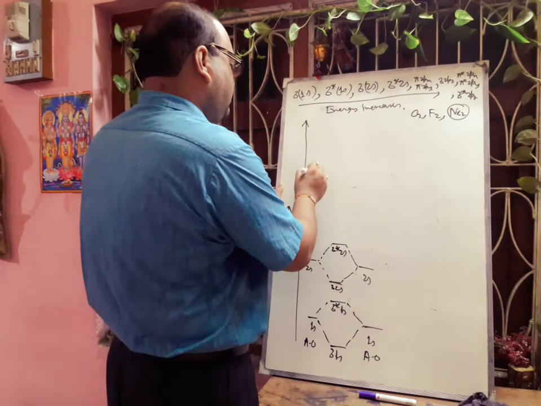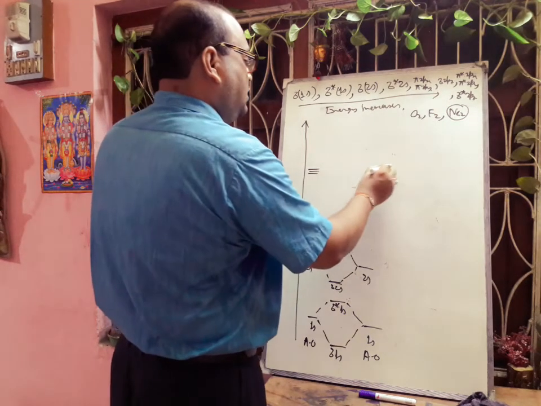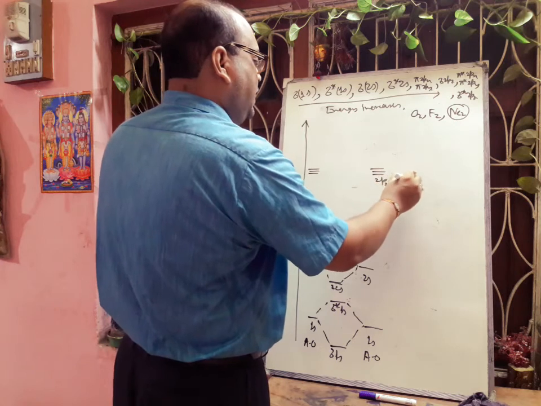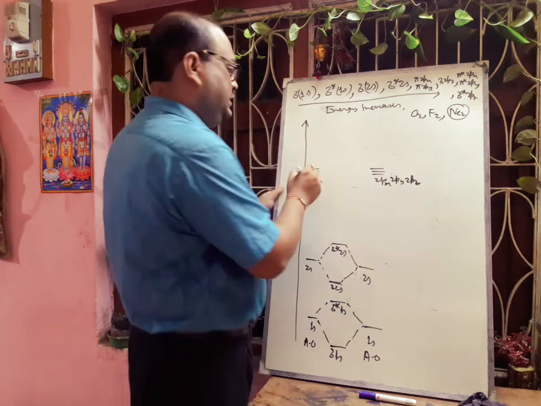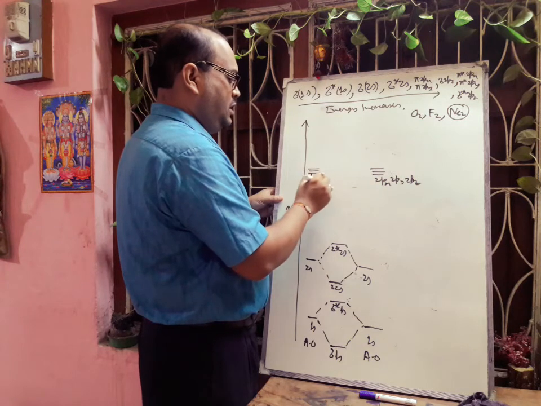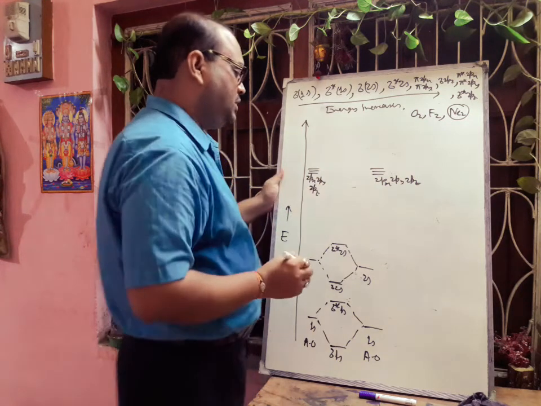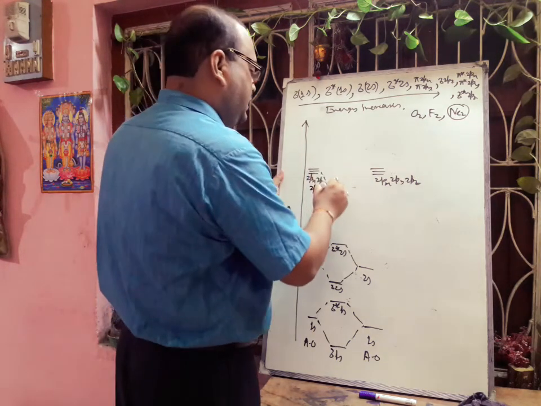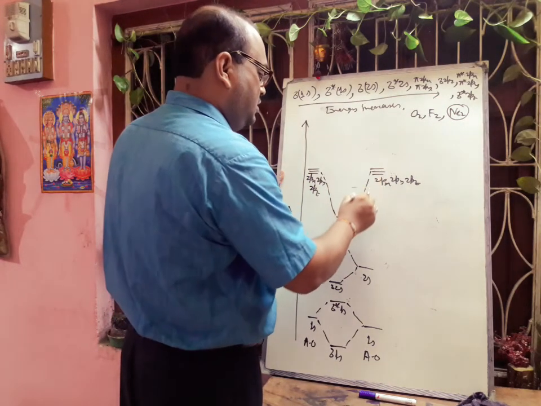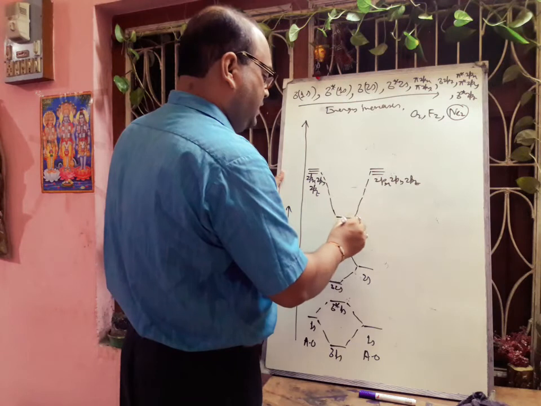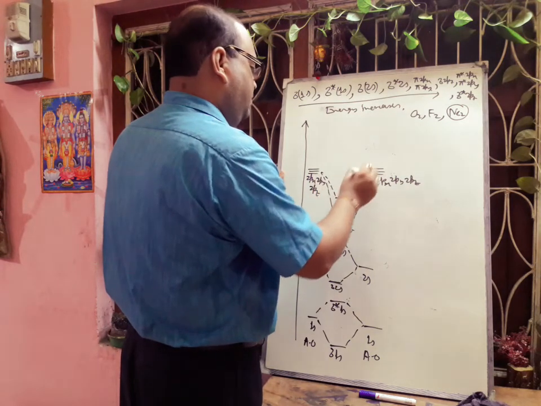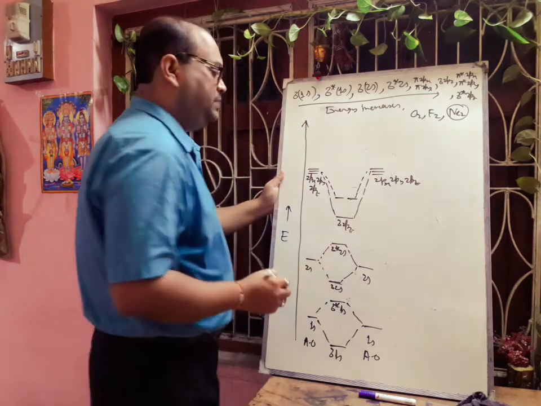Then 2p will come. Here the energy gap is very high. 2px, 2py, 2pz are degenerate orbitals having the same energy. At the lower level, here there is no sp interaction, no sp mixing, so the lower one will be the sigma. This is called the sigma 2pz orbital, and the pi will be here. Pi will be at higher energy compared to this sigma 2pz.